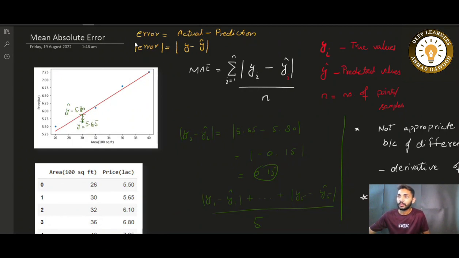Second, mean. In the sum of squared error, we add all the squared errors, that's why we said sum of squared error.